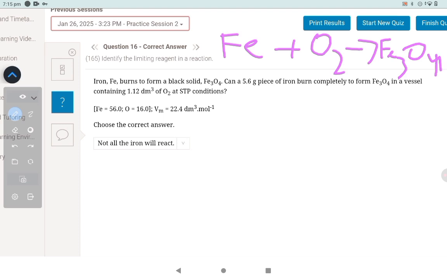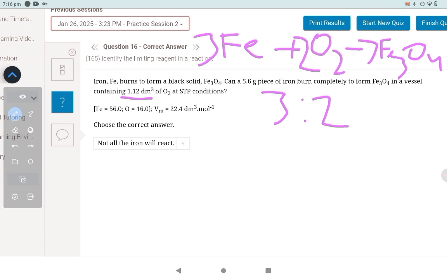But this isn't balanced, so we balance it by making the coefficient 3 here and 2 here. That makes all of it balanced. So we have the ratio 3 to 2 for iron and oxygen. What did they ask? They gave 1.12 volume of oxygen, and we are trying to find how much iron would completely burn to produce Fe3O4.